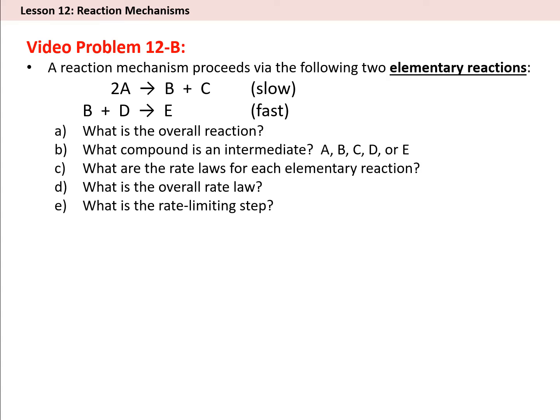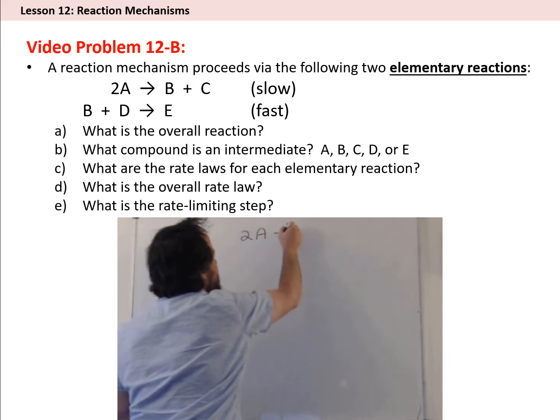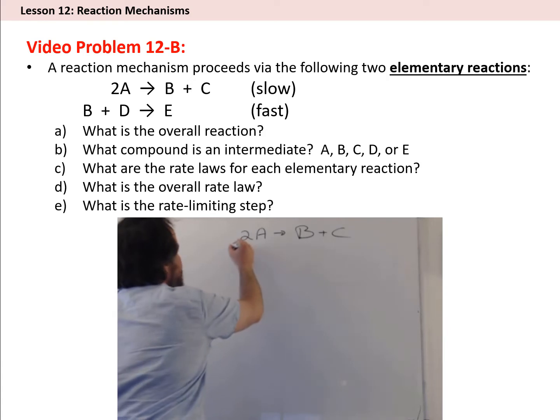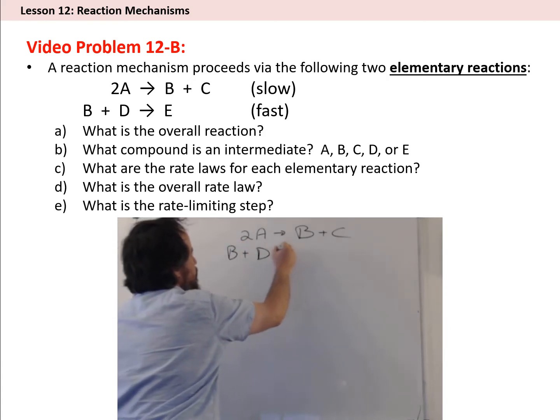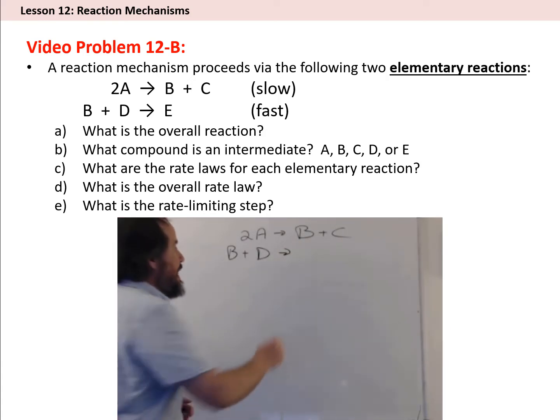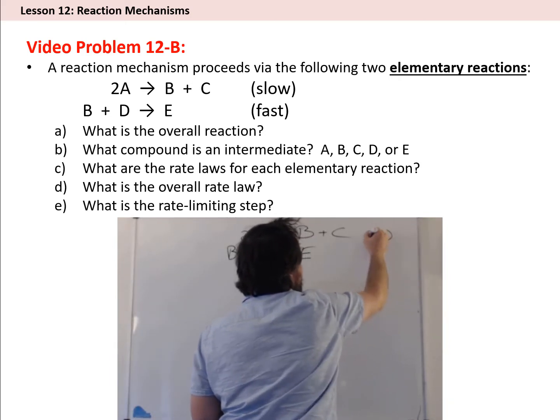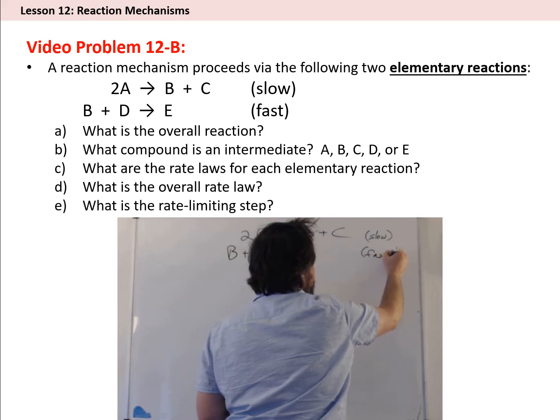Okay, let's move on to video problem 12B. This one involves looking at a reaction mechanism. So in this case, we have 2A going to B plus C, and then we have B plus D going to form E. We're told that this is slow and this is fast. Okay?